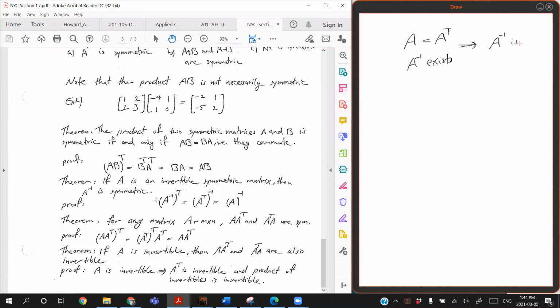So I just need to prove that A inverse transpose is the same as A inverse, right?